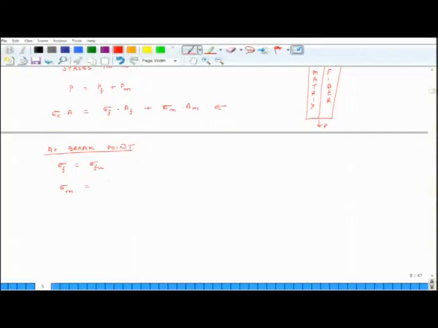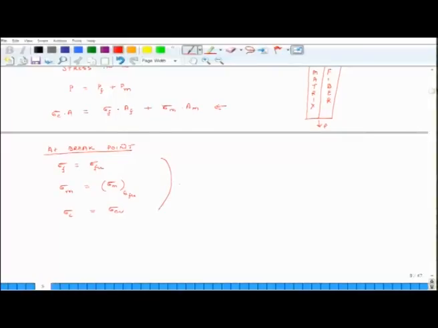Sigma M will be the stress in the matrix at the strain level epsilon Fu, the breaking strain. And what is the value of composite stress? It will be sigma Cu, because the matrix, the fiber and the composite, all three are failing at the same point. So, I put all these things in the above expression.